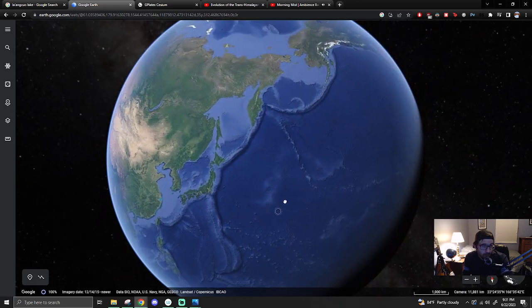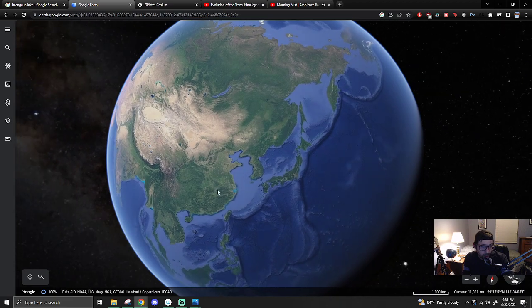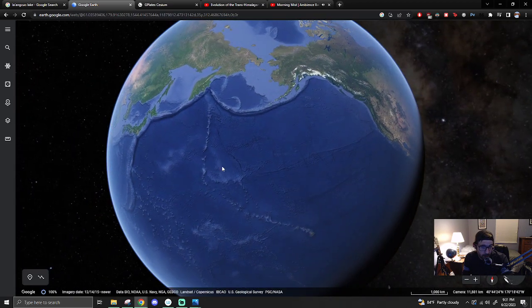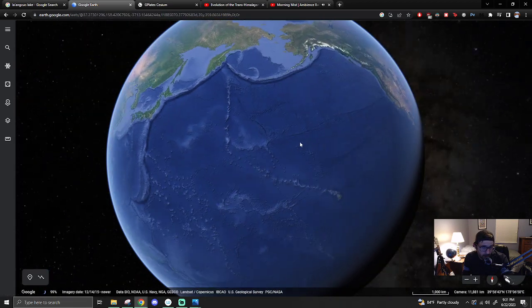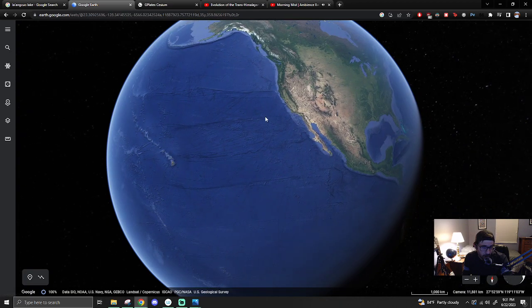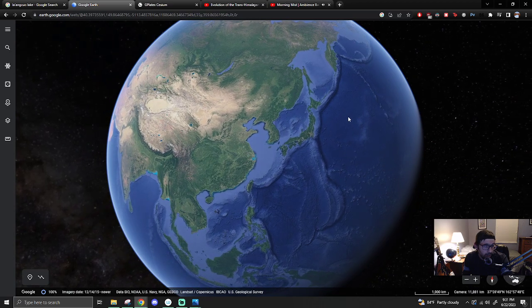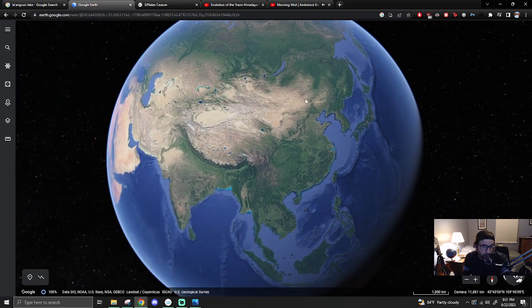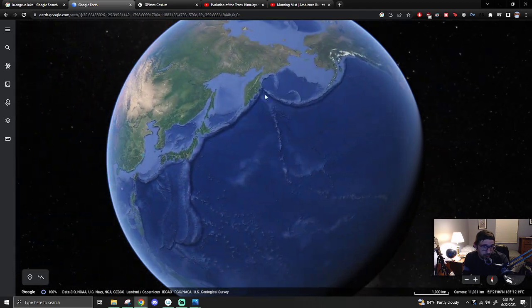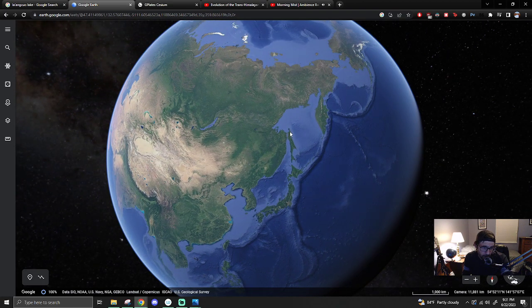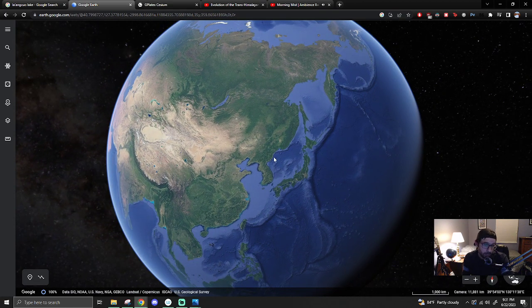Or else it's coming like this way, and then coming off of here and across. Or I guess across at all these inlets. Oh my god, across at all the inlets.